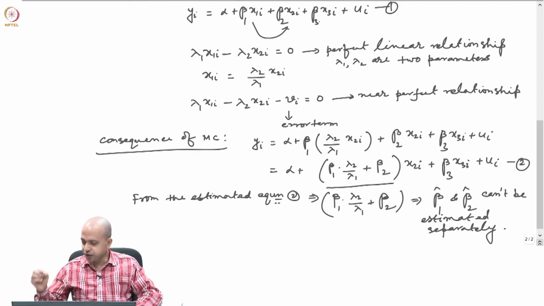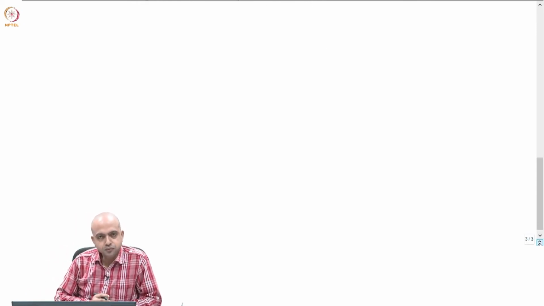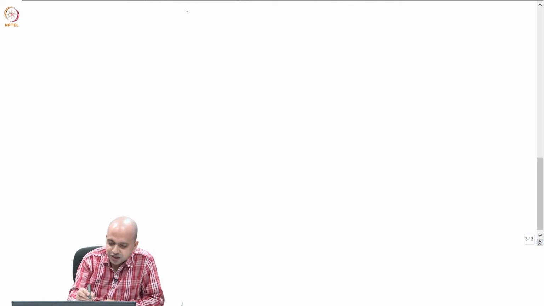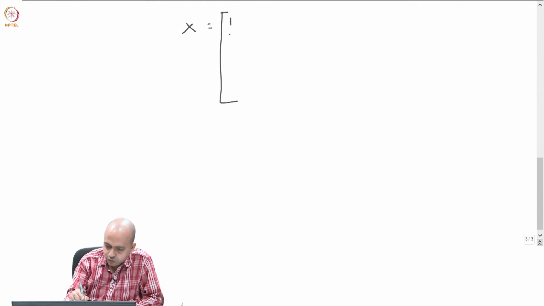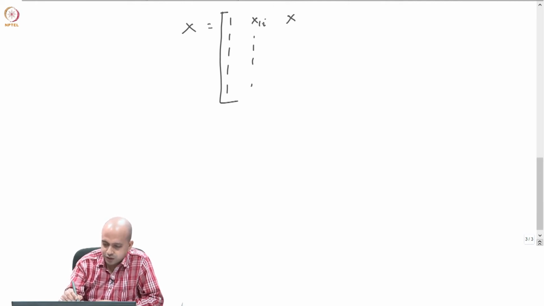Moreover, if you have perfect linear dependence, what will happen? If you recall yesterday's class while discussing the dummy variable trap, the X matrix looks like this: you have a column of 1s, and then if x1 and x2 are perfectly linearly dependent, let us say this column is x11 and this is x21.